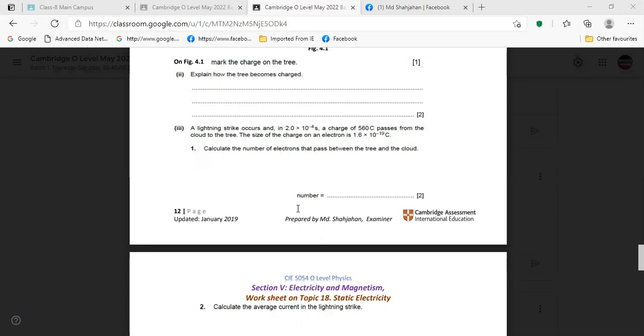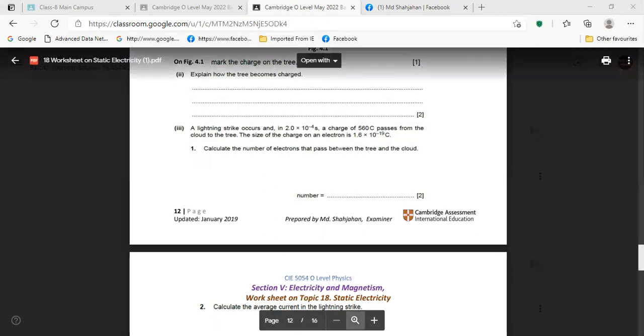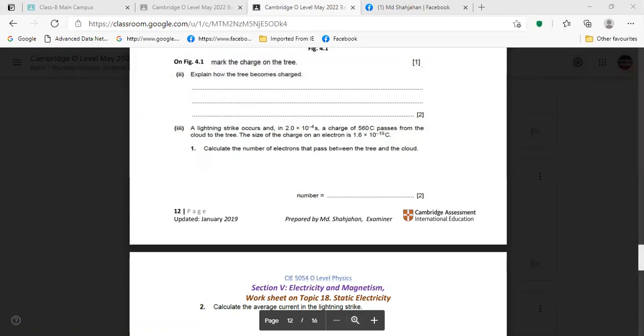Then you are given the size of the charge of an electron. So what you have to deal with, we are getting here the total charge, and we are getting the charge of an electron. So using these two pieces of information, we have to find the number of electrons.